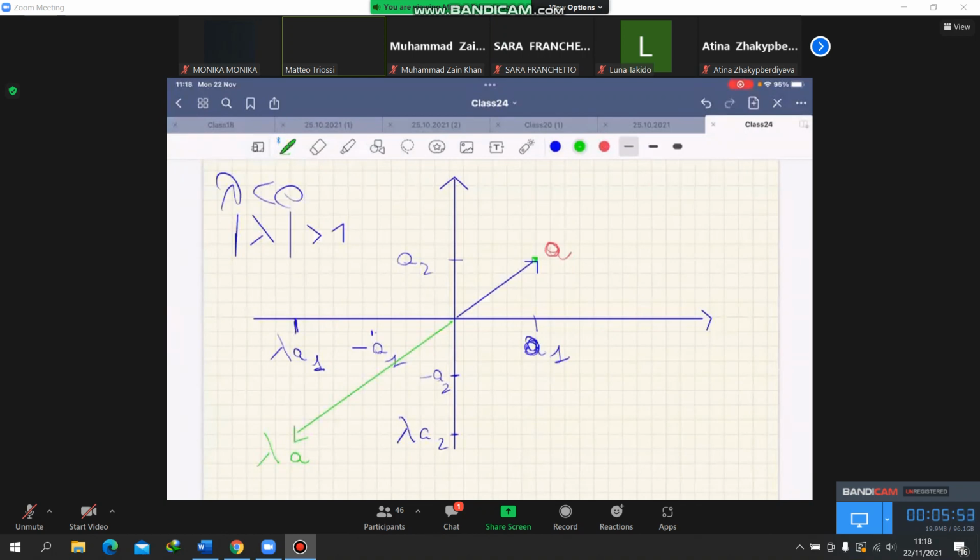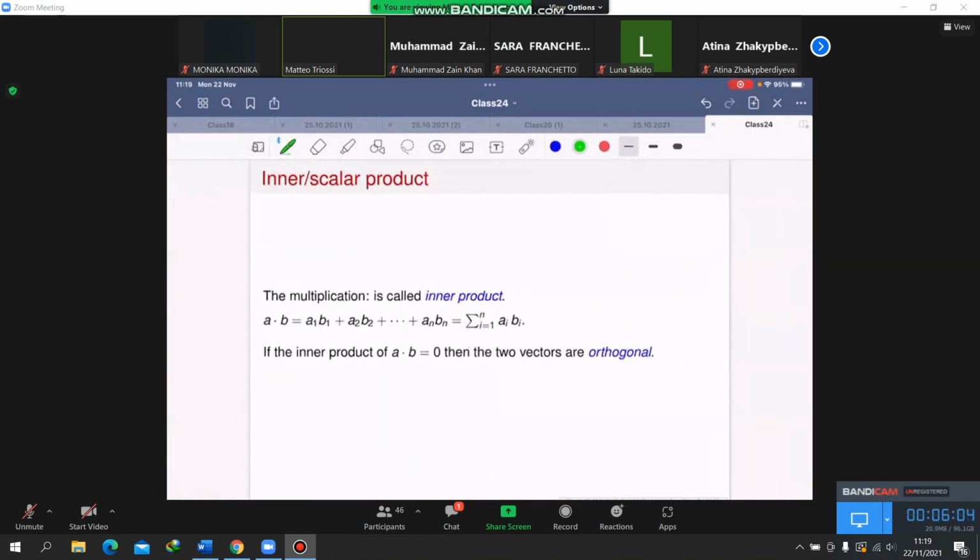So change of verse and expansion. Well, sorry, no, forget what I told about the module of the vector.